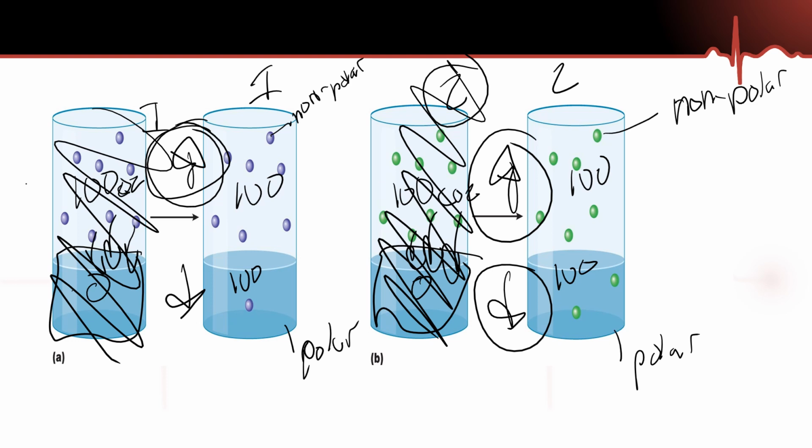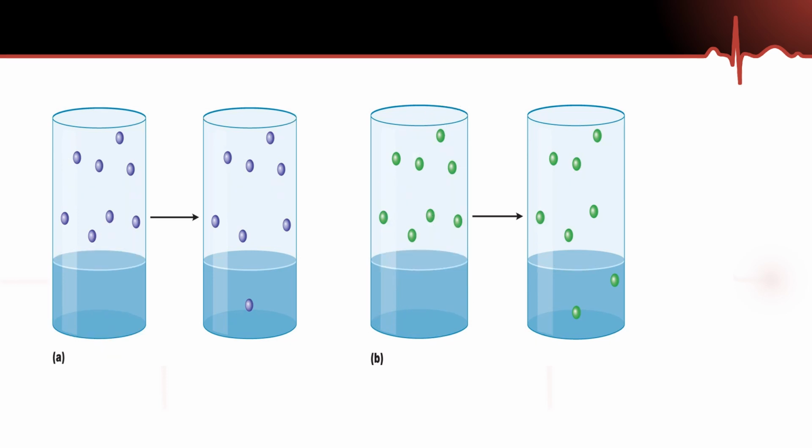So is there any difference? Like, what was the point of comparing oxygen and carbon dioxide? And the answer is yes, there's a difference. Okay. Oxygen and CO2 are both nonpolar, but CO2 is more polar than oxygen is.